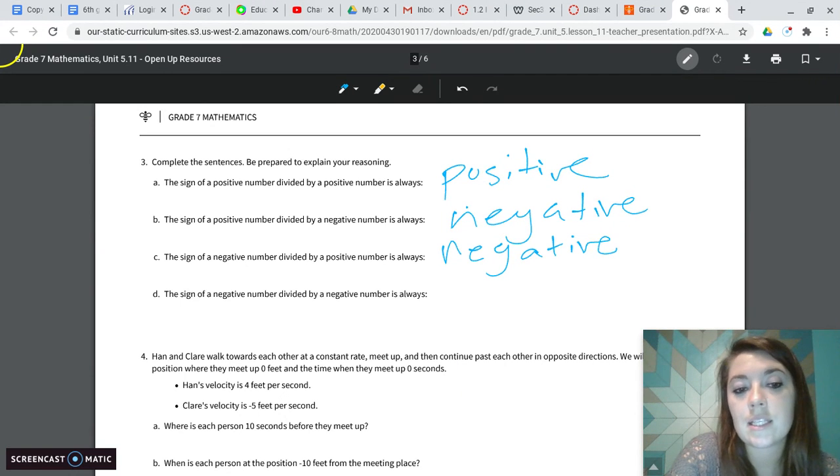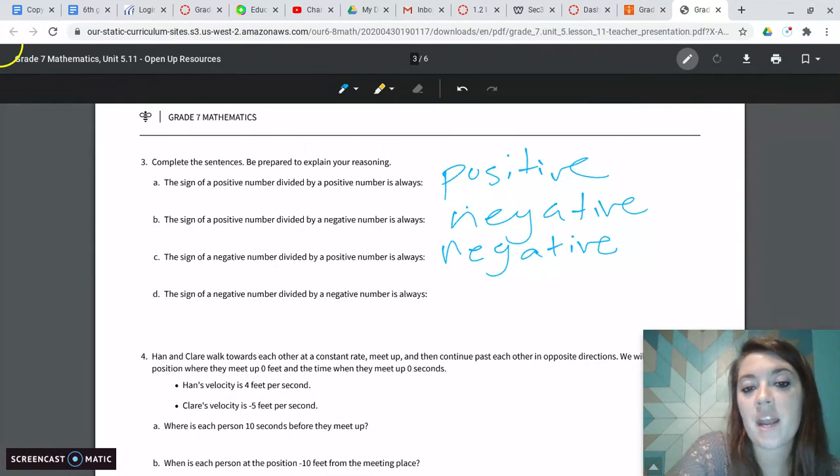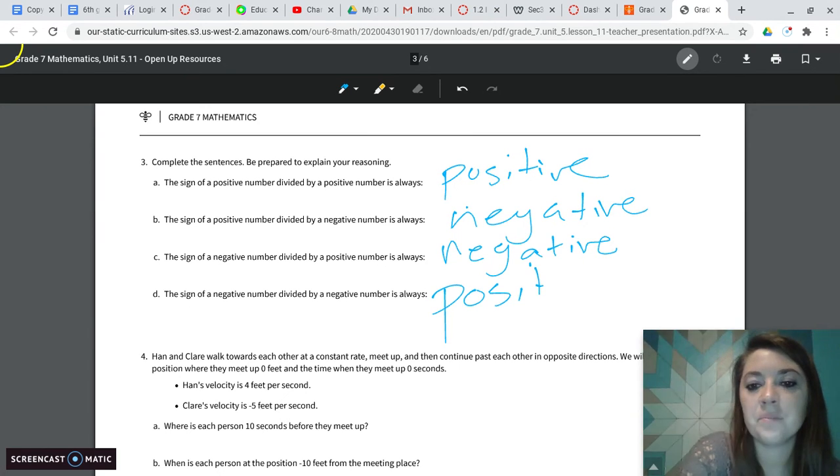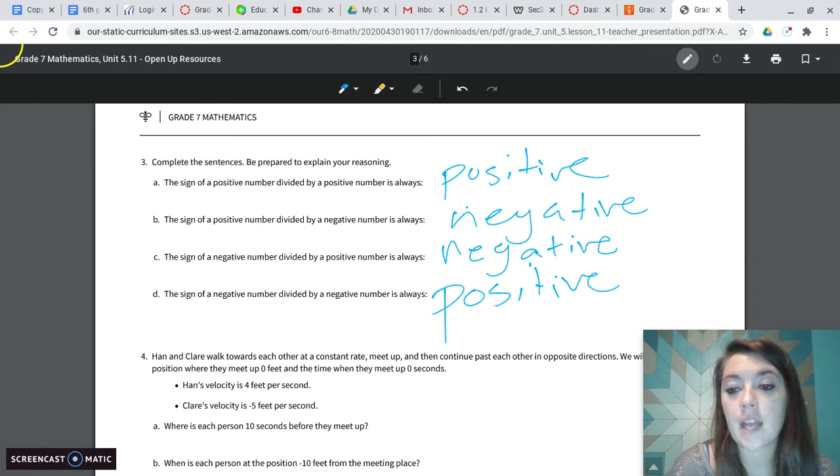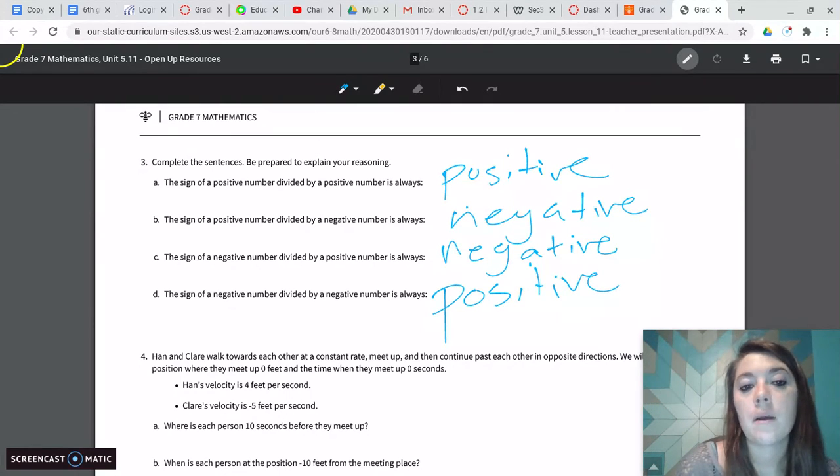And for D, the sign of a negative number divided by a negative number is always positive. So remember, just like with multiplication, a negative and a negative make a positive, a positive and a positive make a positive, a negative and a positive make a negative.